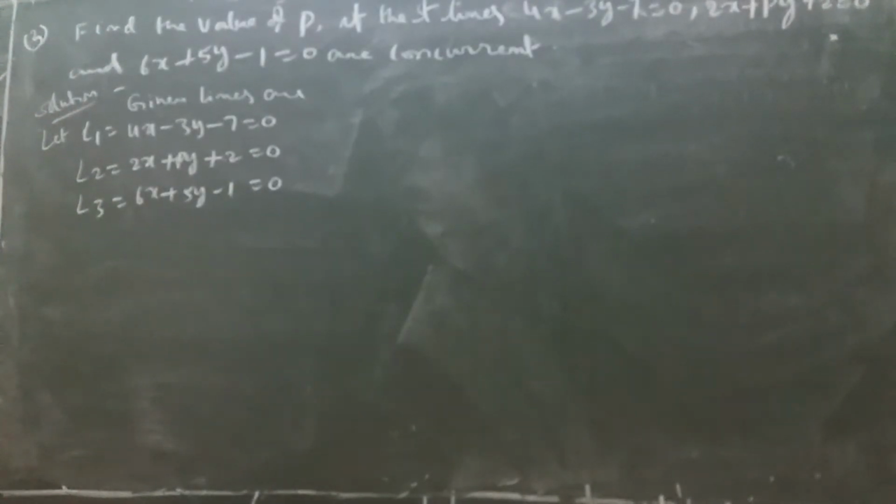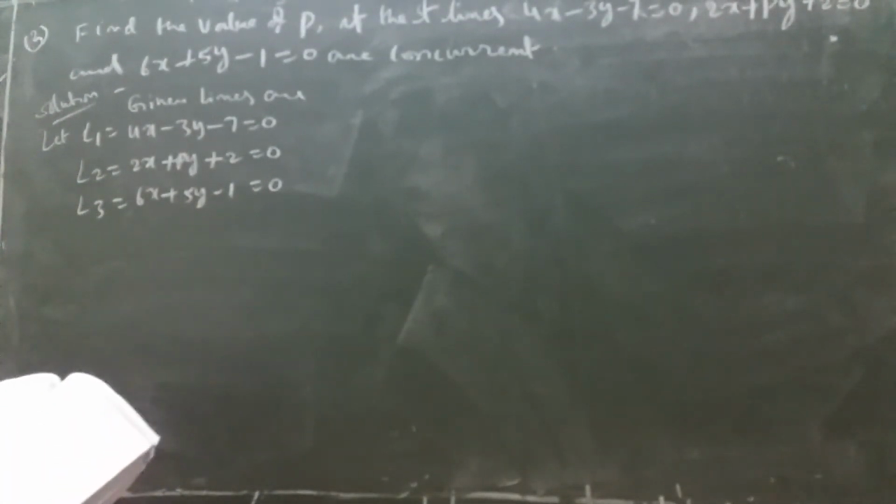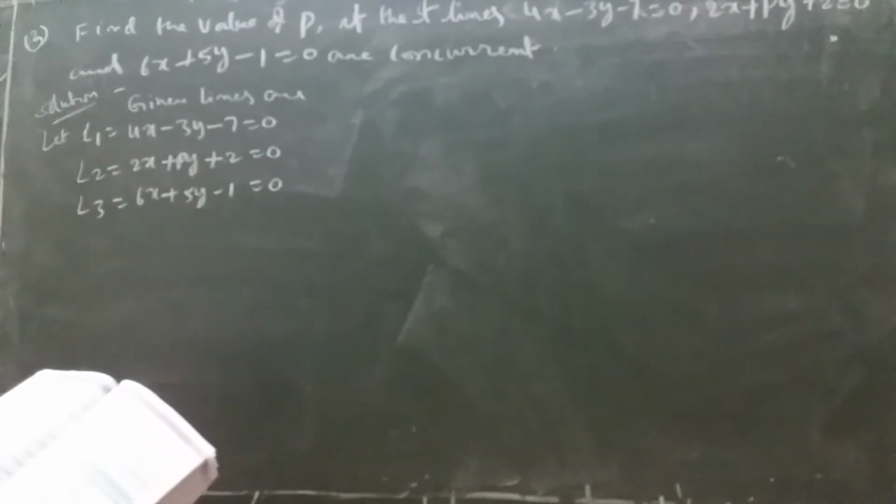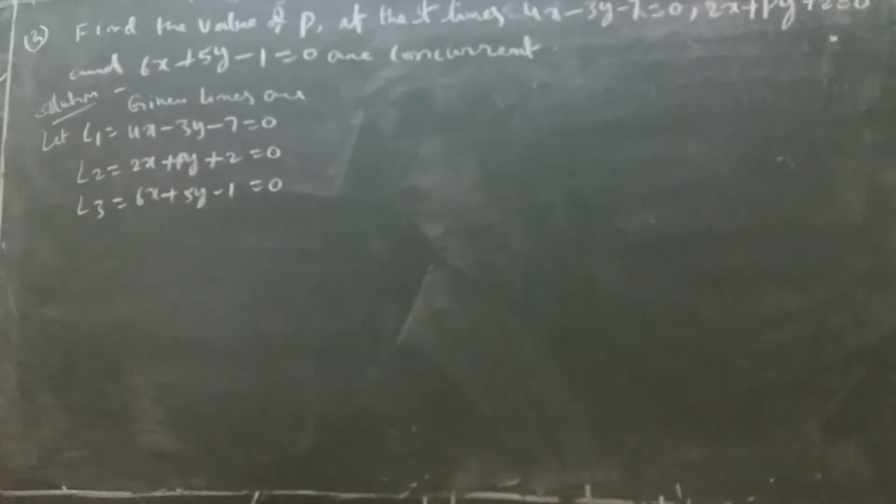By observing these 3 equations, in L2 the unknown quantity p is there. So we have to first solve L1 and L3.